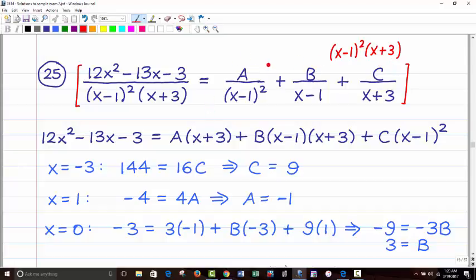For the first one, x minus 1 squared cancels x minus 1 squared, and I'm left with x plus 3. For the B, I'll have an x minus 1 and then an x plus 3 left, because you take away one of the x minus 1s. And for the C, you cancel the x plus 3 and are left with x minus 1 squared.